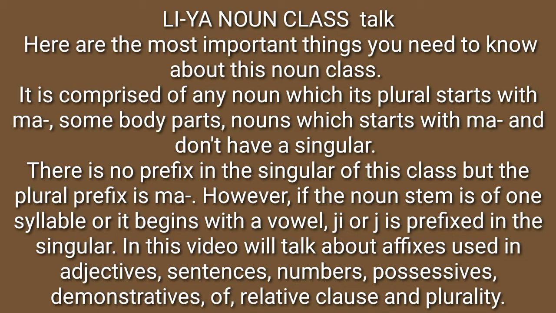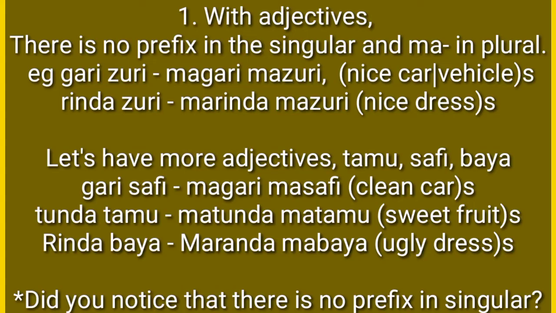However, if the noun stem is of one syllable or it begins with a vowel, G or J is prefixed in the singular. So in this video, we will talk about affixes used in adjectives, sentences, numbers, possessives, relative clauses, and more.